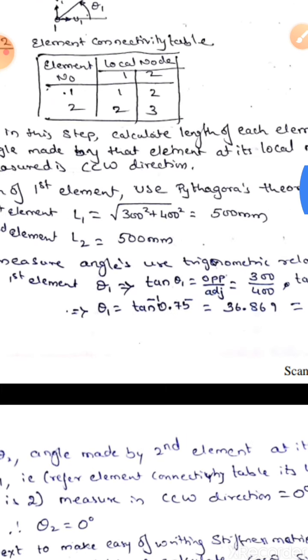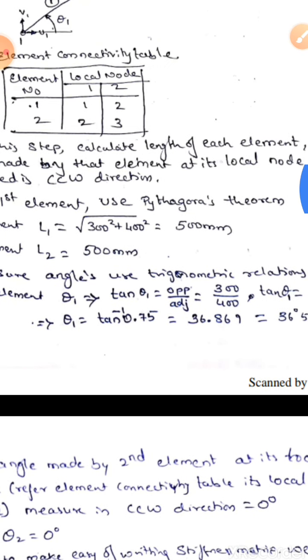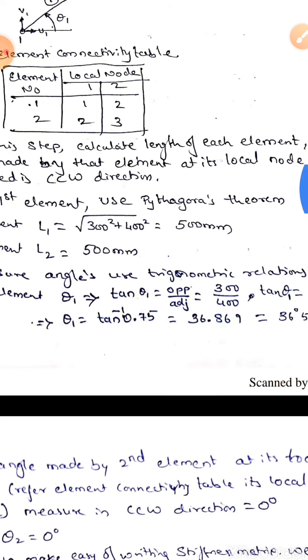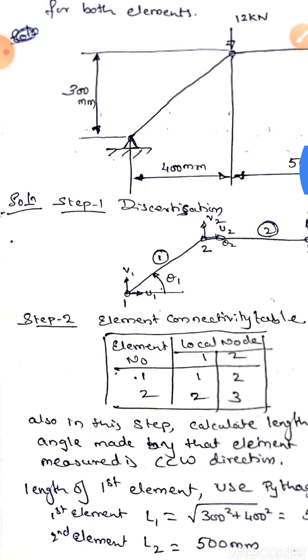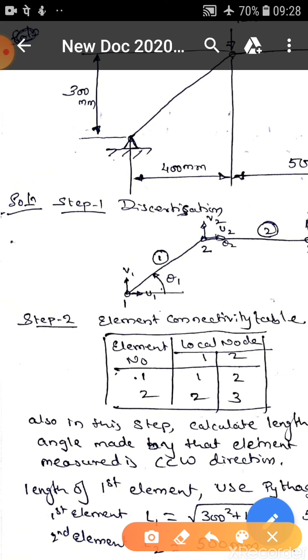Next, to measure the angle, we will use trigonometric relations. You can use different methods also. One method which I see is simple and useful is trigonometric relations. That is theta 1. I said you have to measure the angle of element 1 at node 1. This is my node 1 and this is my node 2. This is my angle theta 1. How to get theta 1?